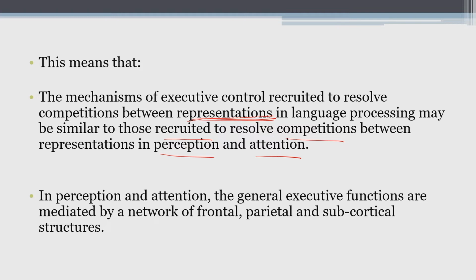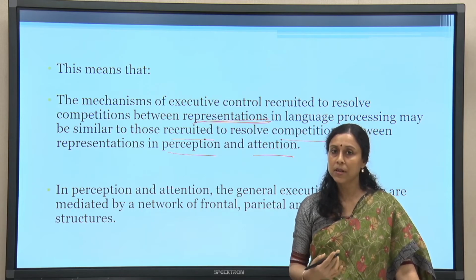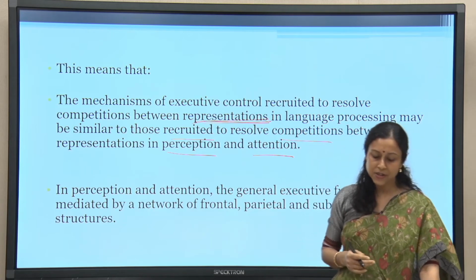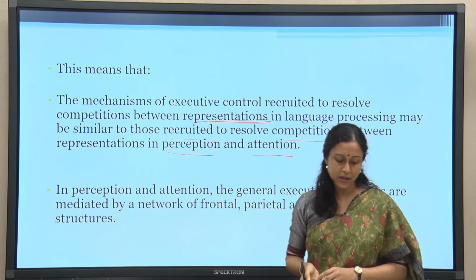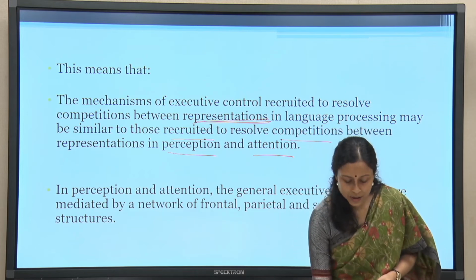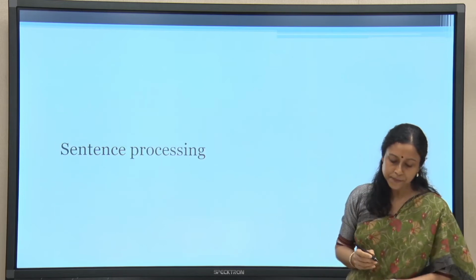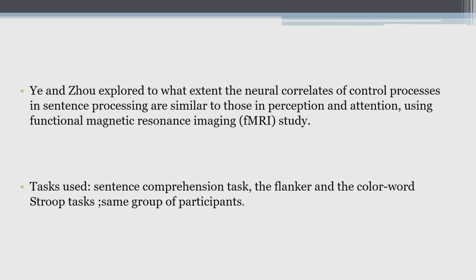We are looking at the computations that may arise during language processing, be it in any domain of language processing. Are we looking at the same brain regions or not is the question. In perception and attention, the general cognitive executive functions are mediated by a network of frontal, parietal and subcortical structures, which we have already seen.